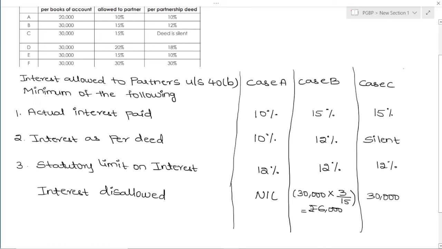For bracket we will write something. Okay. So you all understood what to write? In bracket we can write as per deed nothing is allowed.